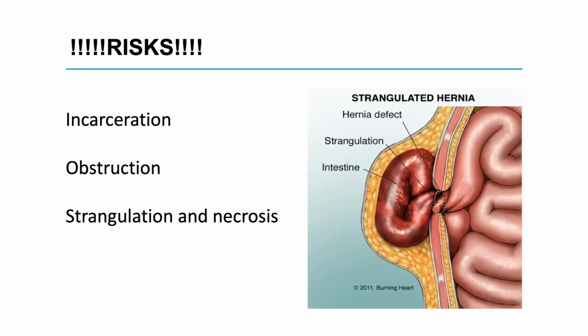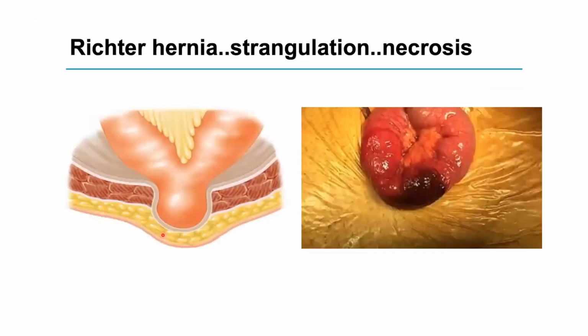So that's what strangulation is. The bowel can be twisted, but it's likely to be due to compression at the neck of the hernia. So incarceration, stuck, obstruction of the bowel, and then ultimately strangulation and necrosis.